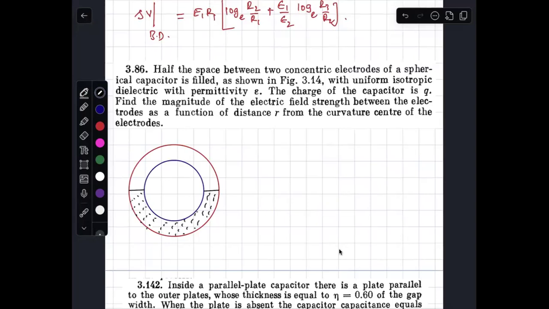That is the space filled with dielectric of permittivity epsilon. The charge of the capacitor is Q. Find the magnitude of the electric field strength between the electrodes as a function of distance R from the curvature center of the electrodes.